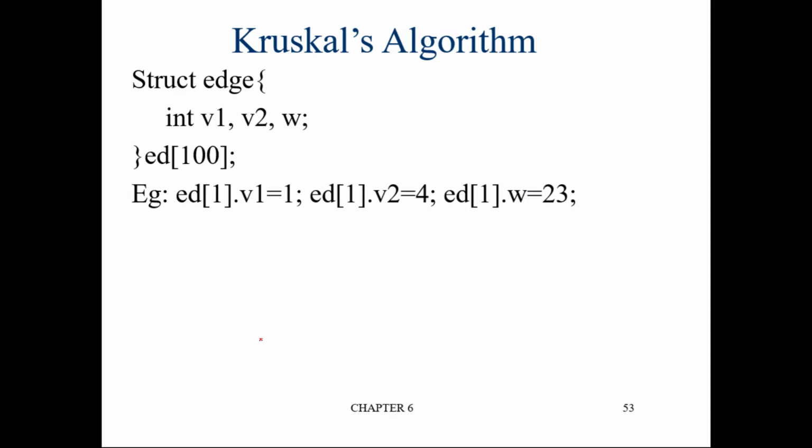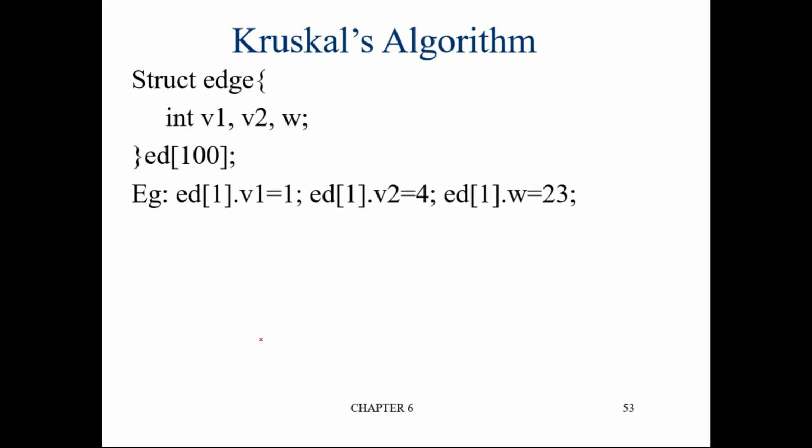So how are we going to implement Kruskal's algorithm? It can also be implemented by using an adjacency matrix or adjacency list, but there is another quite simple way to implement it, because here everything is based on first identifying the edges and sorting them in ascending order.